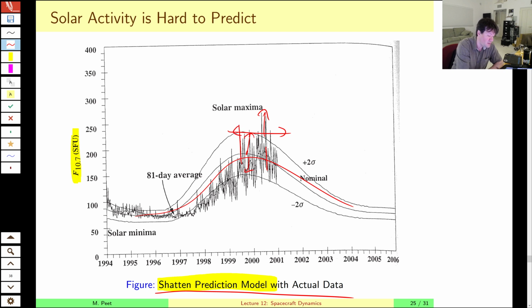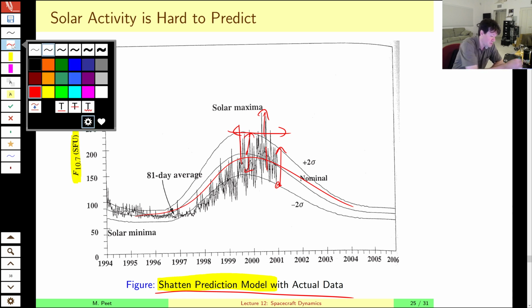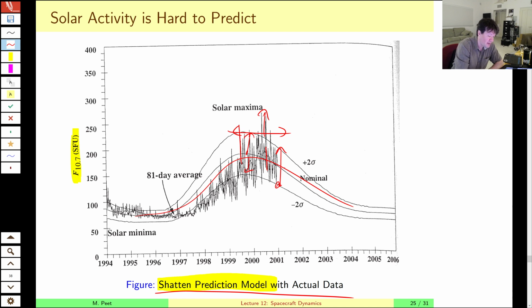Imagine you planned on having low delta V down here, so you didn't budget for the solar maximum, and you launched into a solar maximum when you were meant to be planning for a solar minimum. Well, then you get a Skylab type situation where you have a delta V budget shortfall.